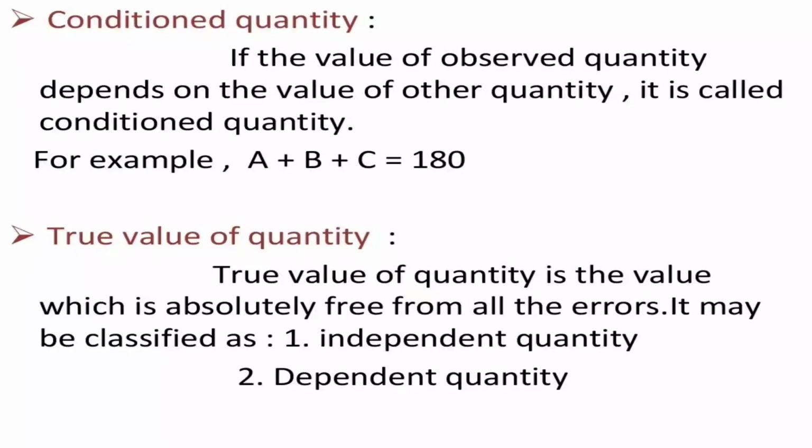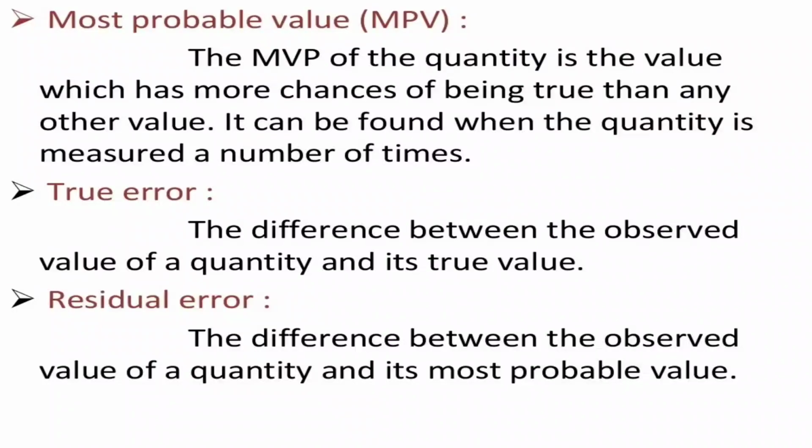Then the most probable value: the most probable value of a quantity is one which has more chances of being true than any other. It is deduced from the several measurements on which it is based. It can be found when the quantity is measured a number of times.